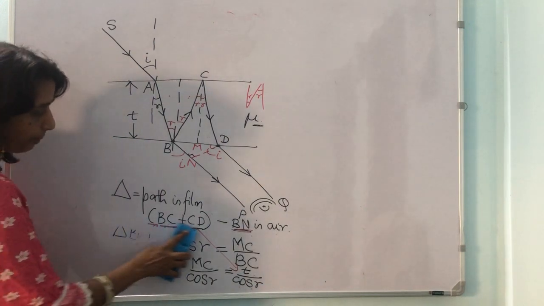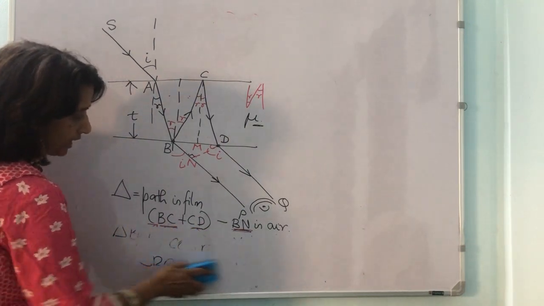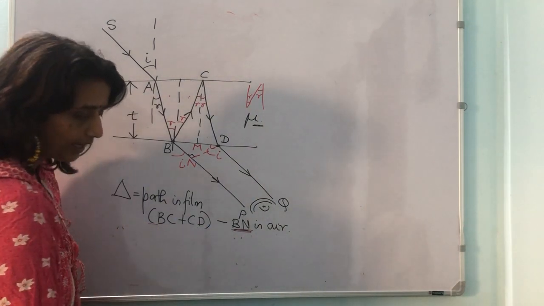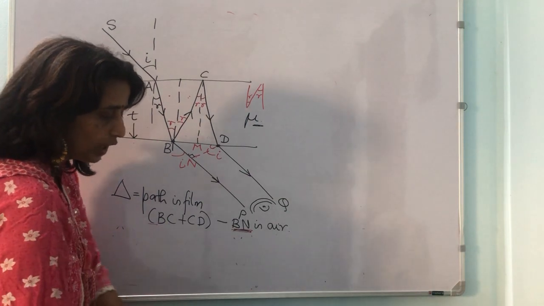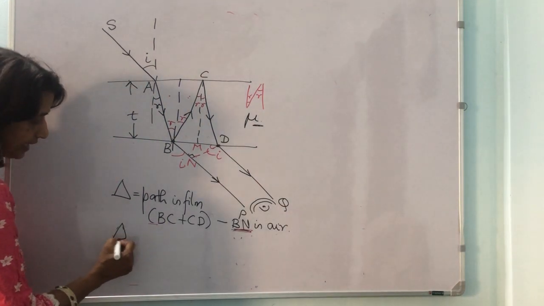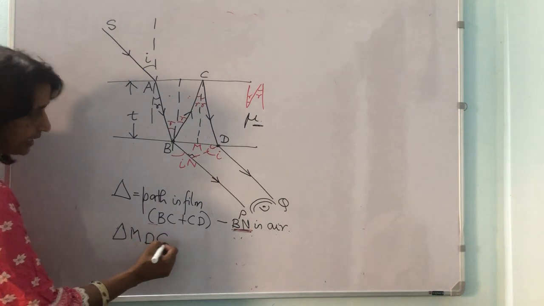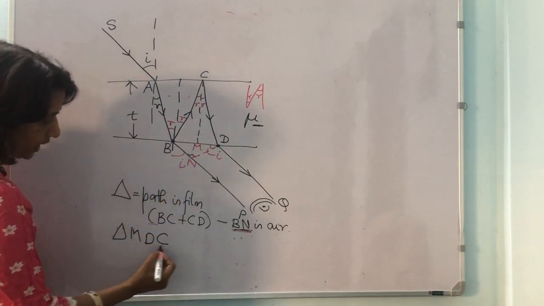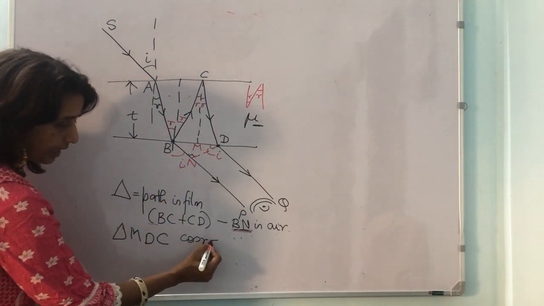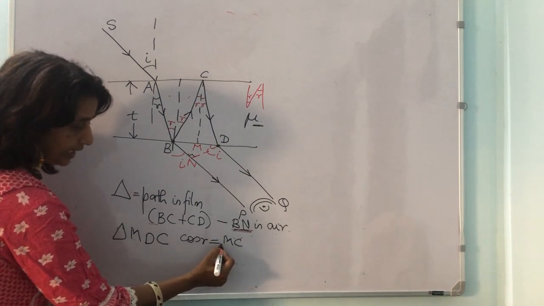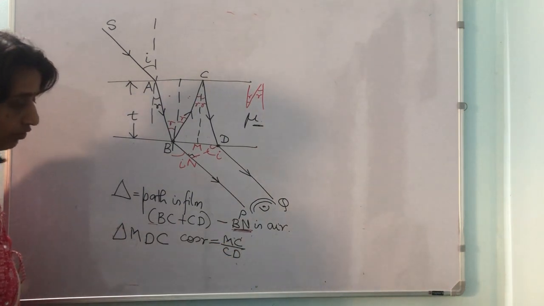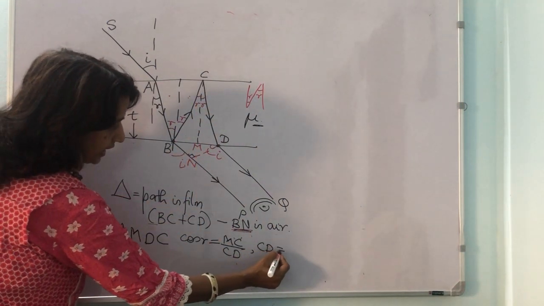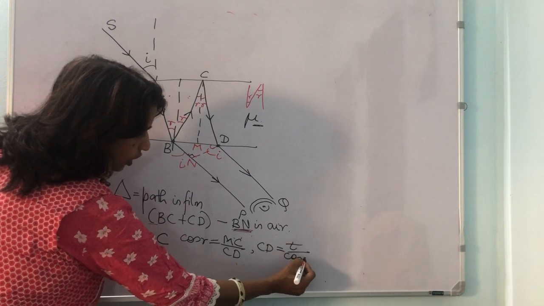For that, we pick up another triangle where we get a simpler expression for BN. Now for solving BN, we take triangle MDC, this half. So here cos R becomes equal to MC upon CD, where MC is again the thickness of the thin film. So CD is equal to T upon cos R.